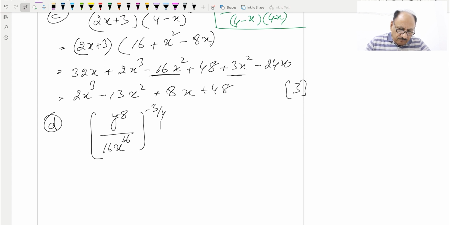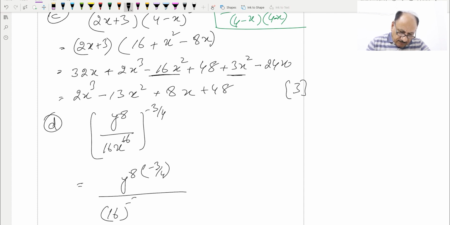Now we will be multiplying. We can write this as y⁸ into minus 3 by 4. Separate parts we are taking for each and everything, so 16 raised to minus 3 by 4, x raised to the power 16 and y separately raised to minus 3 by 4.